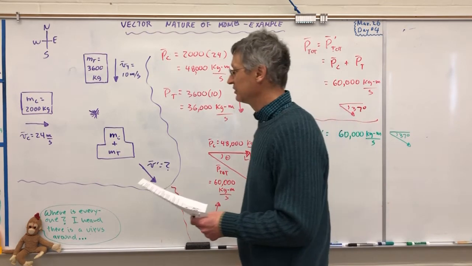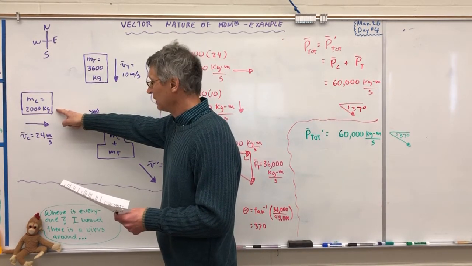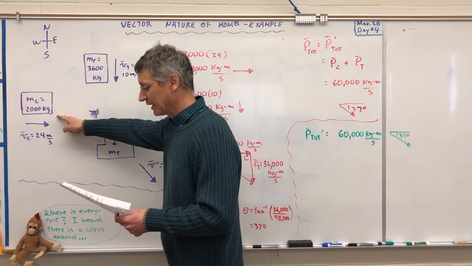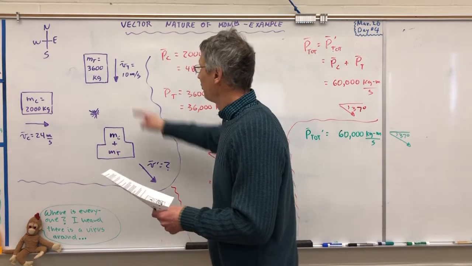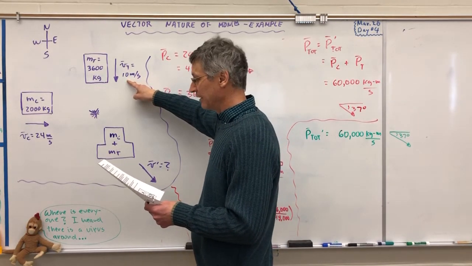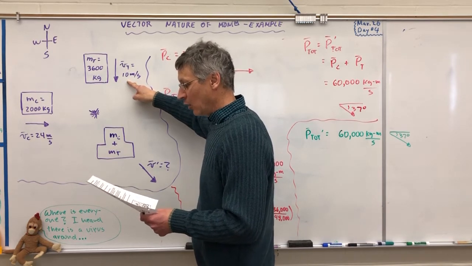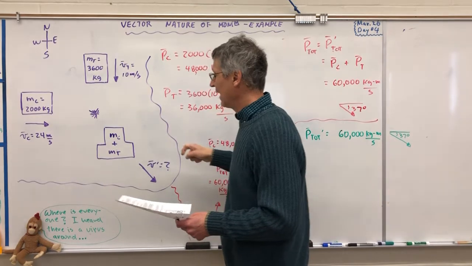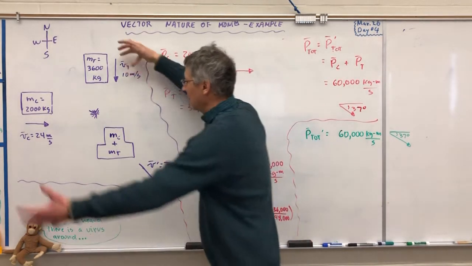The question says a 2,000 kilogram car is traveling east at 24 meters per second, enters an icy intersection and collides with a 3,600 kilogram truck traveling south at 10 meters per second. If they become coupled together in the collision, what is their velocity immediately after impact? So the collision takes place right there.